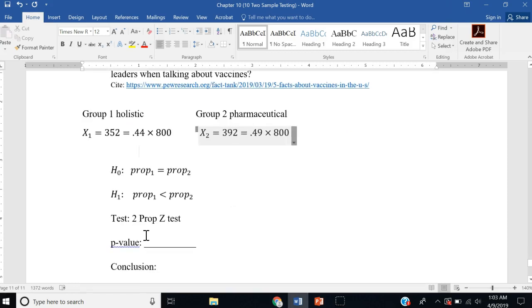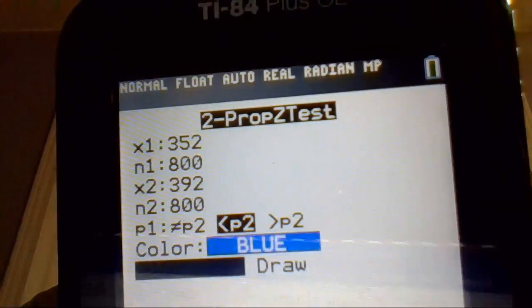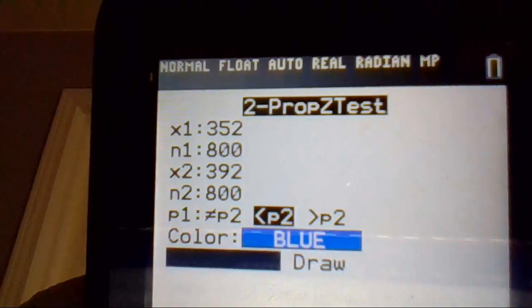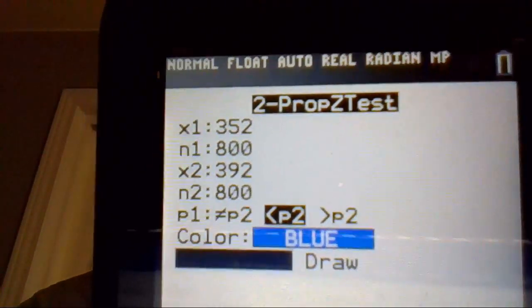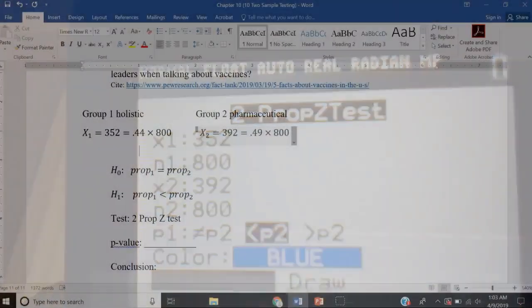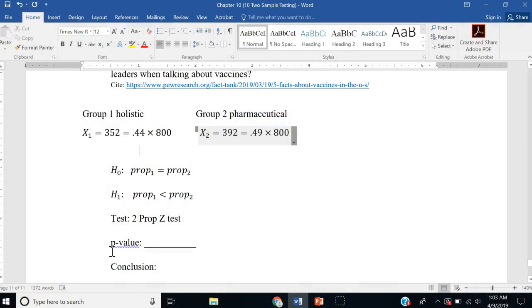When you utilize your alternative hypothesis, remember we're using less than. So again, I'll flash the screen here as soon as I can hit it. So that's the screen. And my p-value comes out when I calculate as 0.0225.